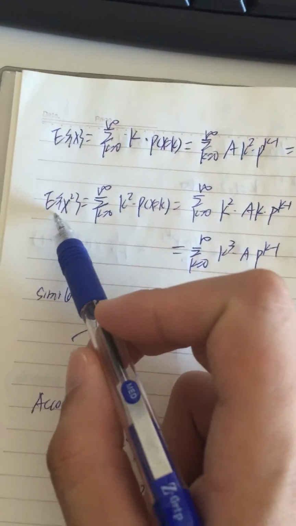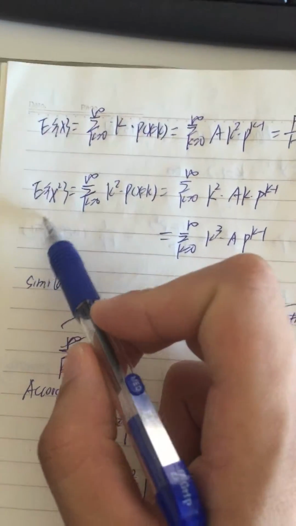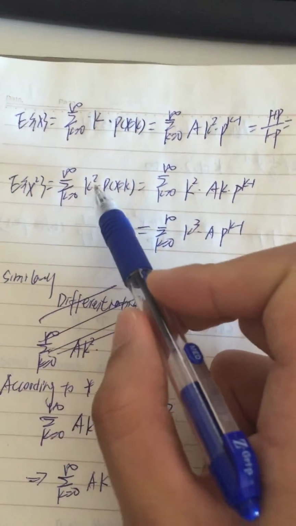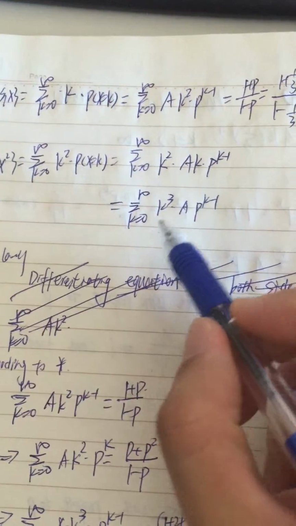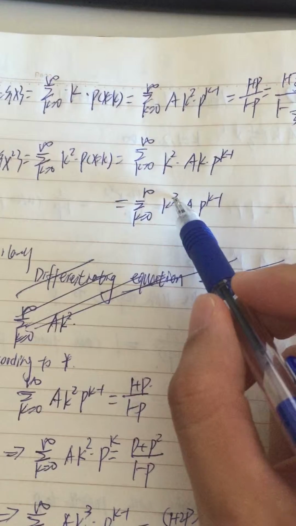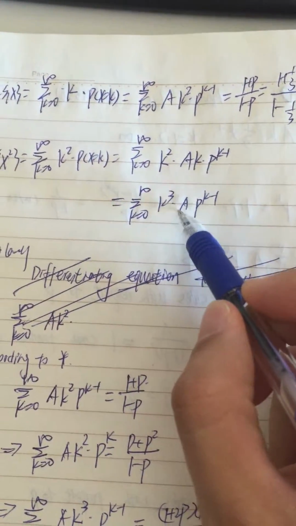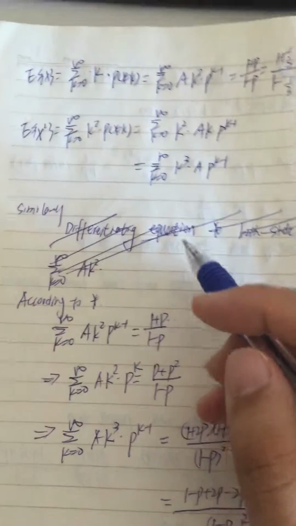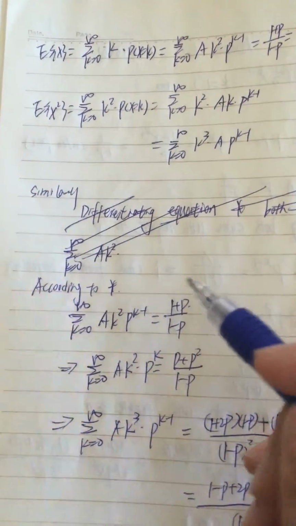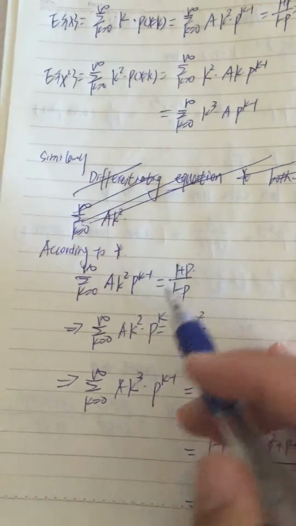Similarly, according to the definition, the mean of x squared is equal to k to the square multiplied by the probability of x equal to k, which is k to the 3 multiplied by a multiplied by p to the k minus 1. So similarly, we differentiate that equation again with respect to p.